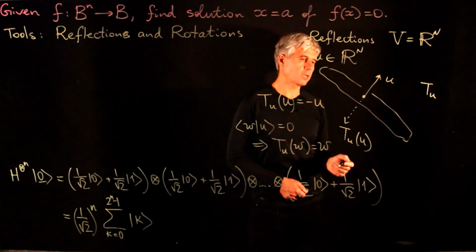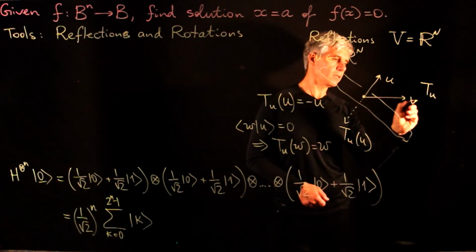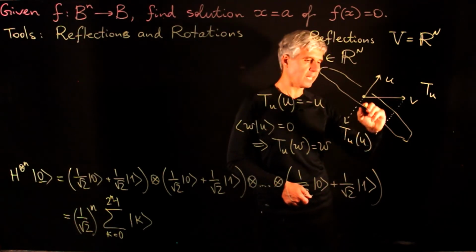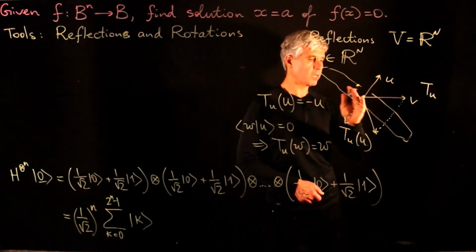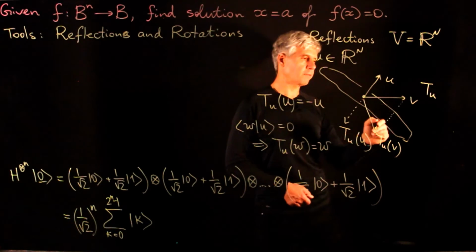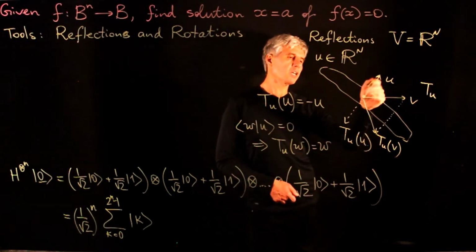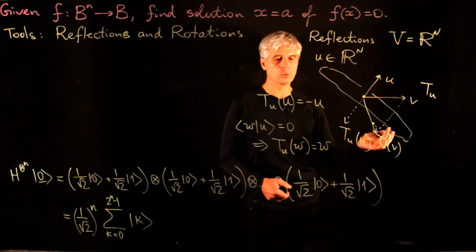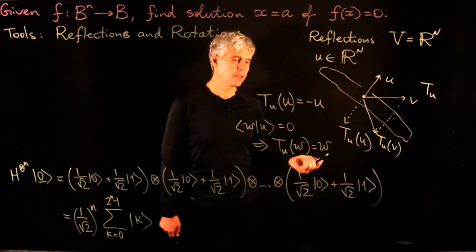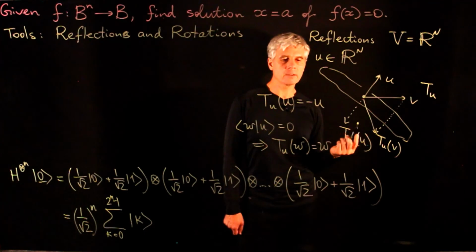And for a general vector v, there will be a mirror reflection of v with respect to this hyperplane, and this will be the reflection of v in the direction of the vector u. So this is the reflection transformation. Basically, a reflection transformation has two eigenvalues.